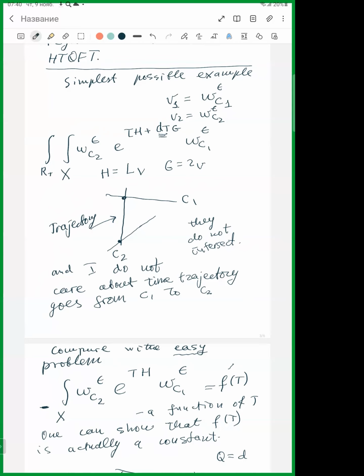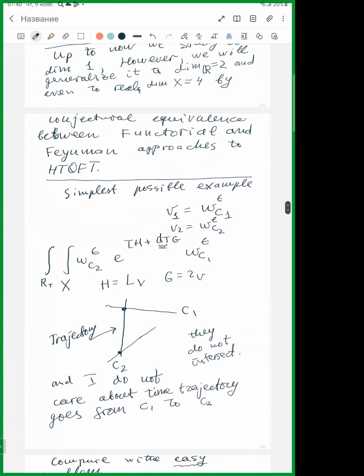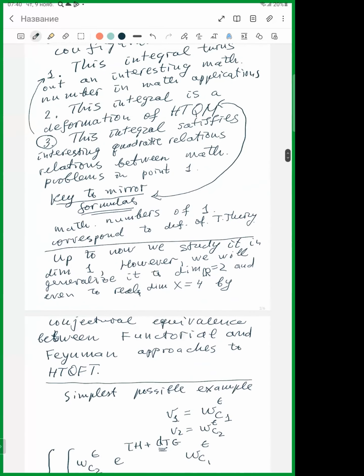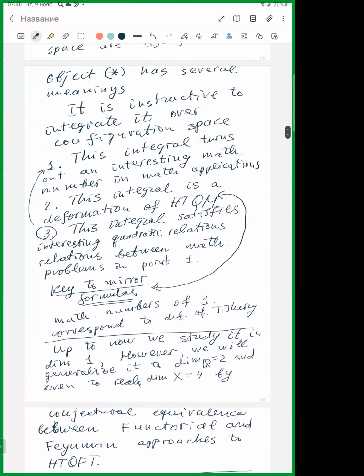But here, the notion of orientation is kind of preserved because we are only interested in trajectories that go from C1 to C2, not the other way around. Yes, of course. So I kind of explained the point that we have new numbers.